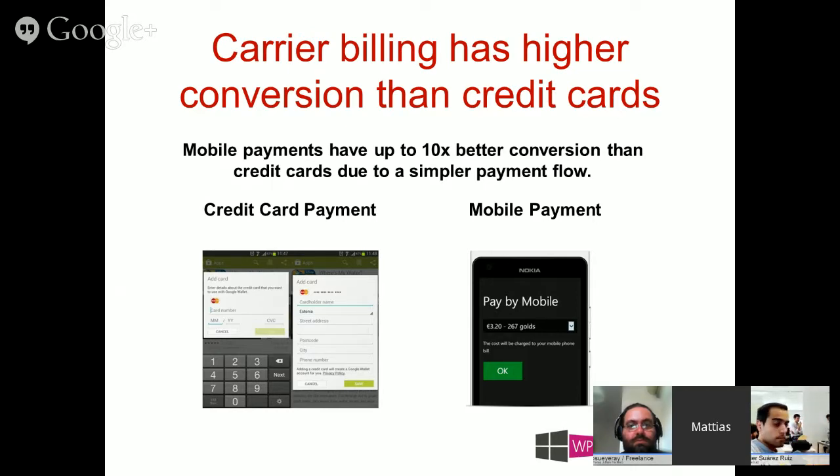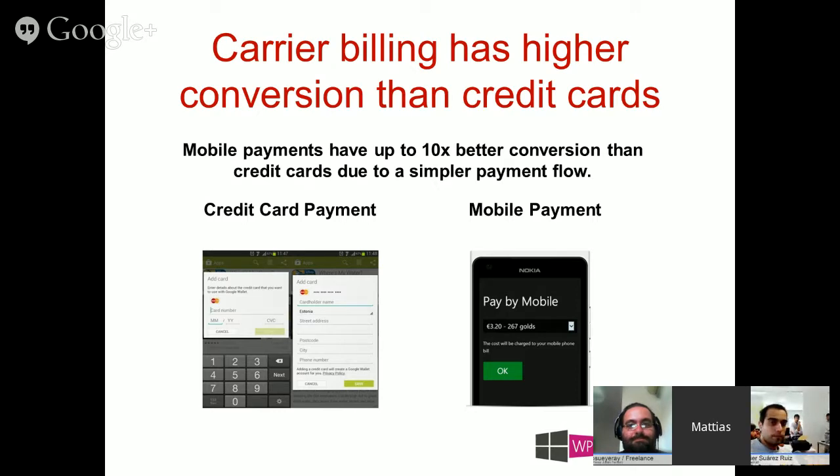One of the main downsides is that it usually has lower revenue share. So the mobile operators usually take a bigger cut of the end user payment than credit card providers do. For example, in Latin America, we're talking about the developer getting 30 to 40% of the end user price.